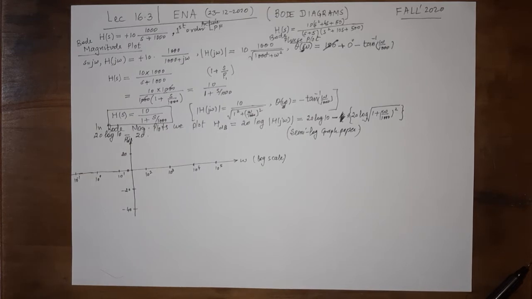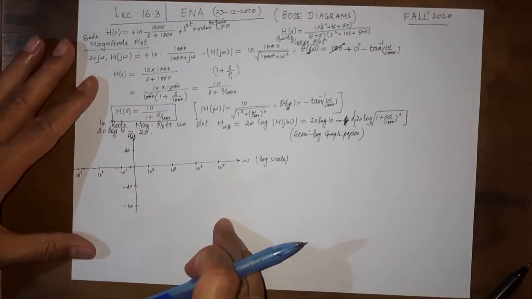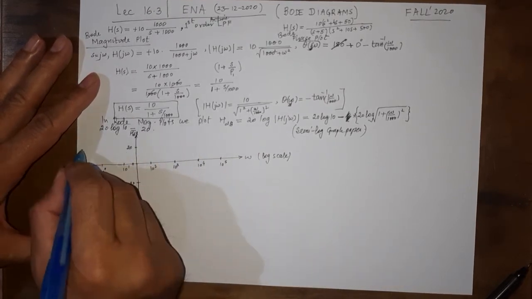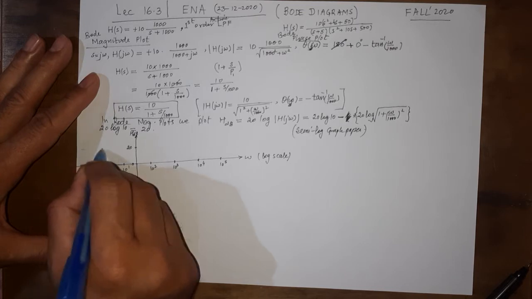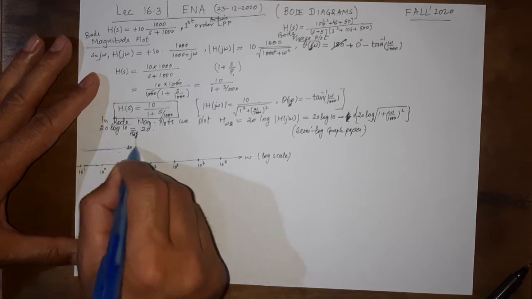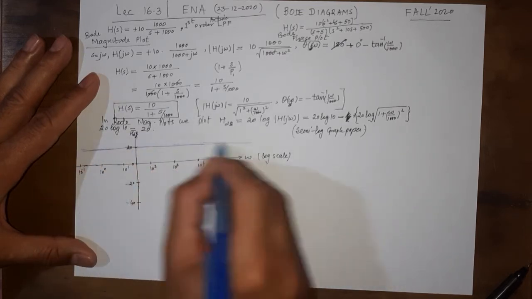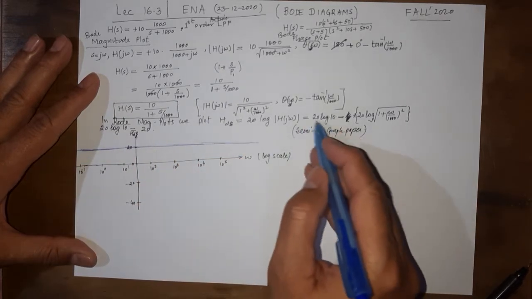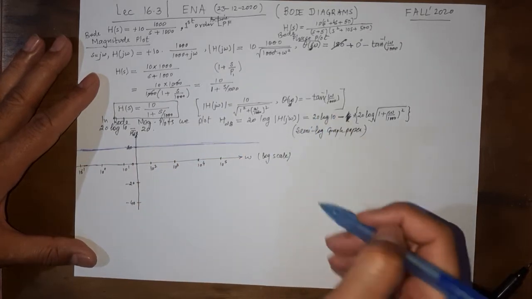Let me draw this in color. So this 20 log of 10 is a straight line that goes on forever because it's a constant. It is not dependent on omega.